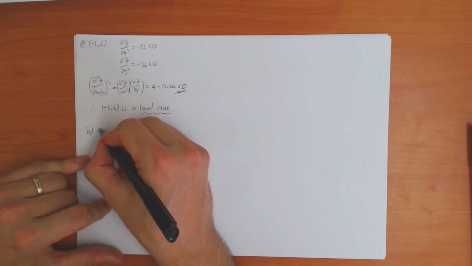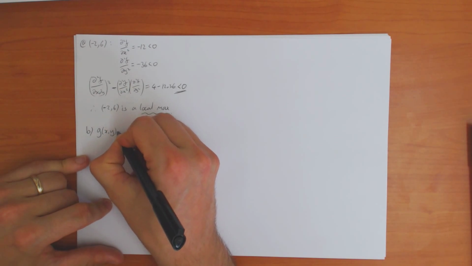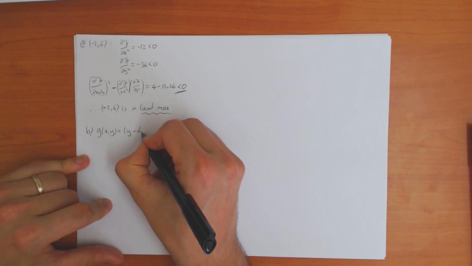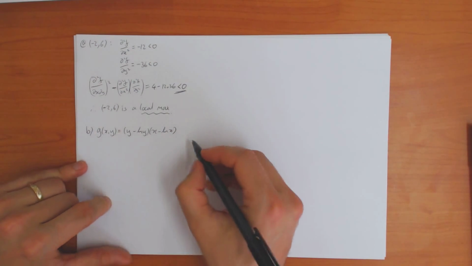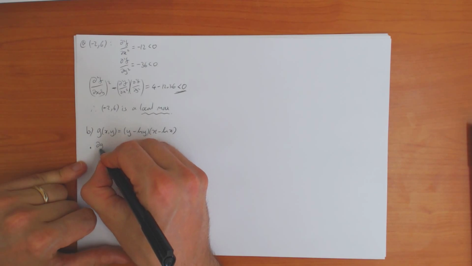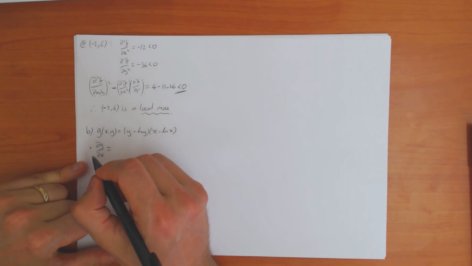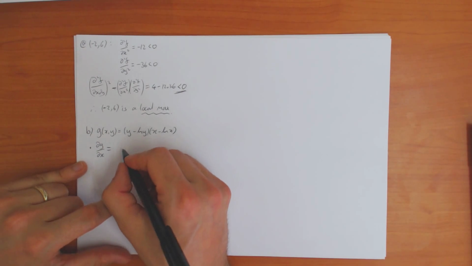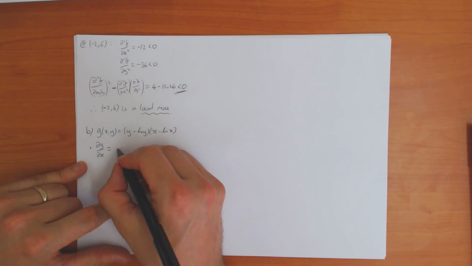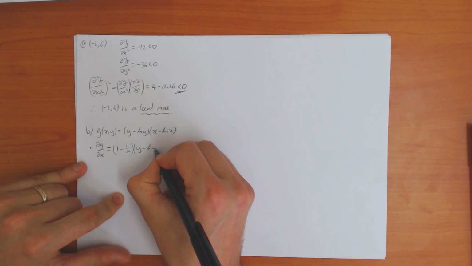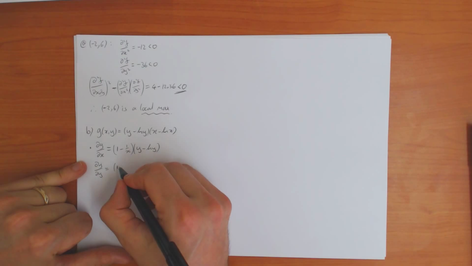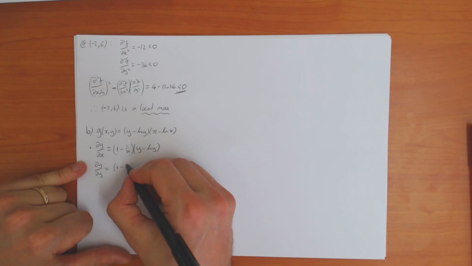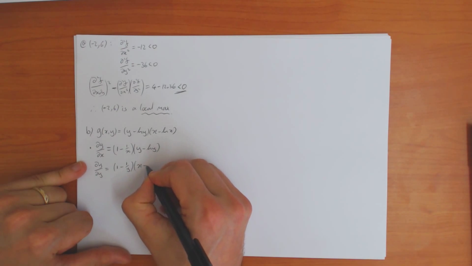Part B is this function g of x and y, which is y minus log y times x minus log x. Okay, so as before, I'll work out all the derivatives first of all. So dg by dx is 1 minus 1 over x times y minus log y. dg by dy is 1 minus 1 over y times x minus log x.